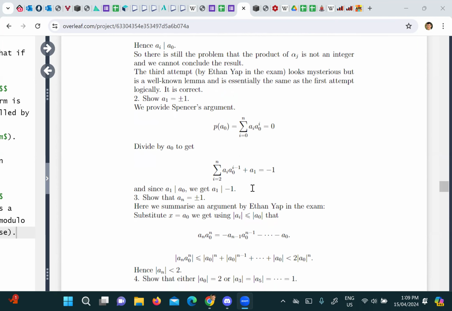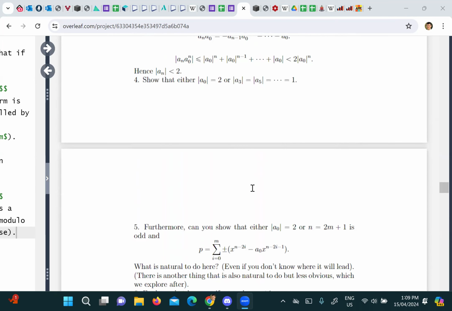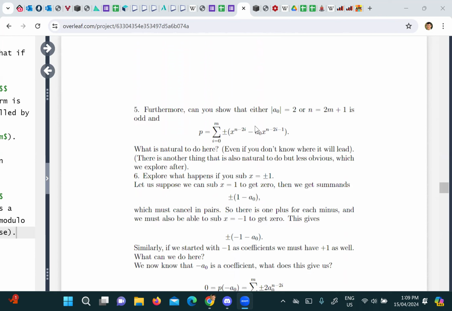And if it always cancels to get 0 every time, we get a polynomial like this. Because if it's 0, then a2 will actually divide a naught as well. So a2 will be plus or minus a naught. So we get a polynomial where all the coefficients are basically 1 or a naught.